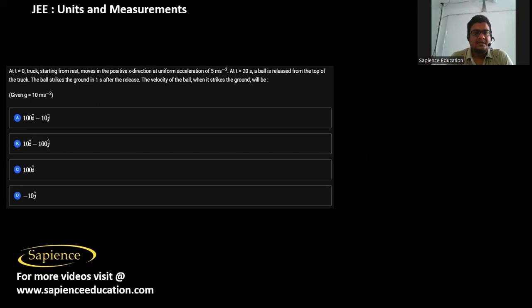Then it is told at t equal to 0, a truck starting from rest moves in the positive x direction at a uniform acceleration of 5 meter per second square.